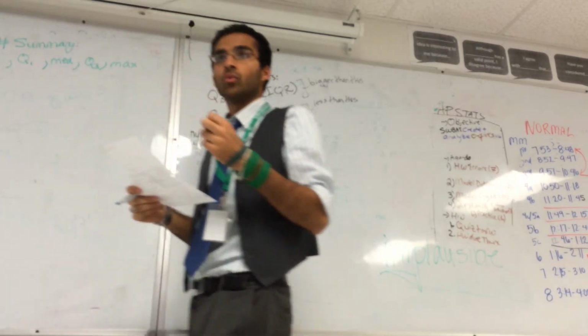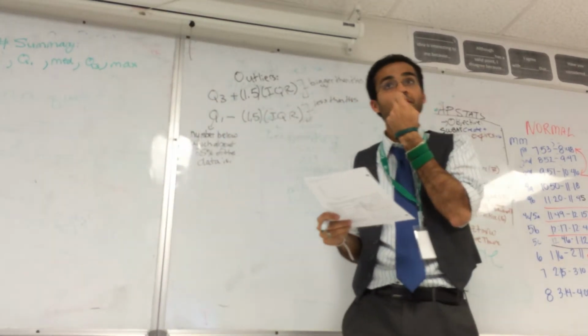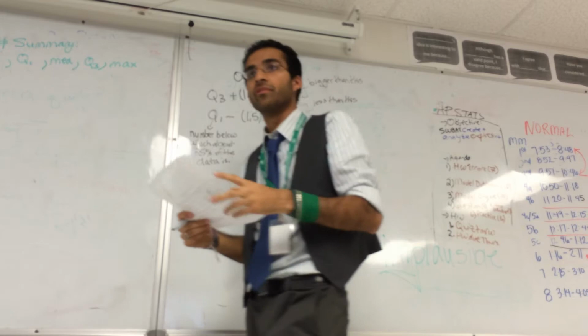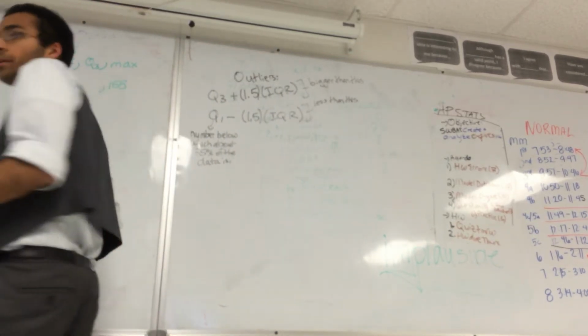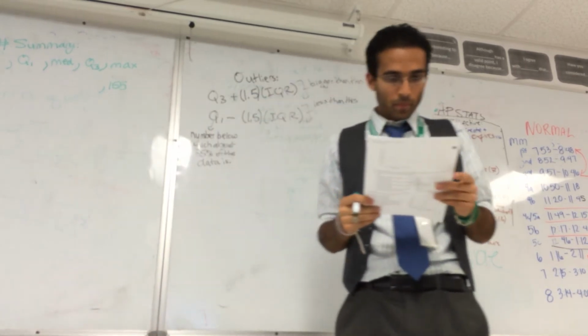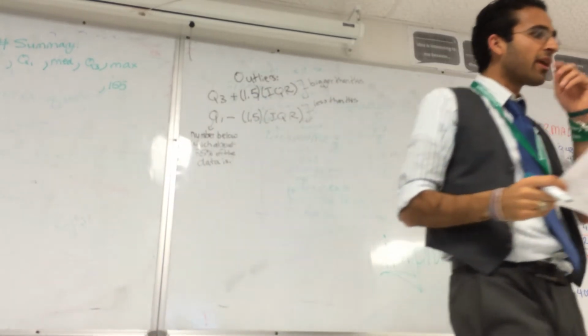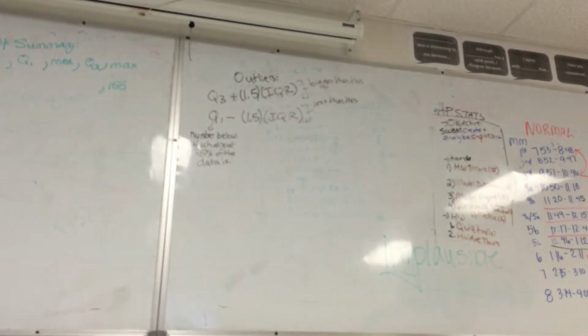And then what's the maximum, Shamara? 155. Very good. Now, I need to find 3 other points here. I need the median, I need Q1, and I need Q3.